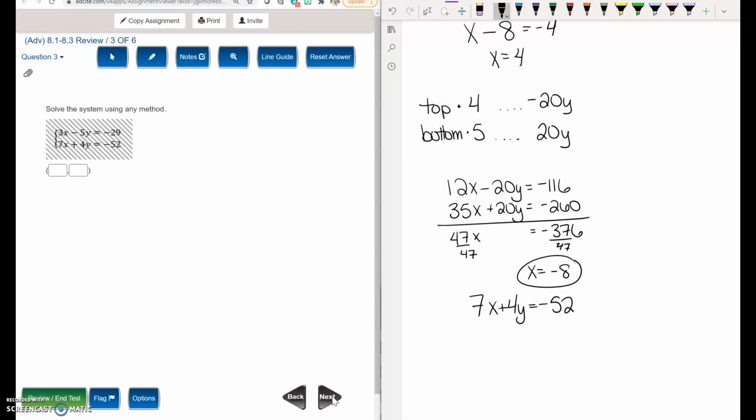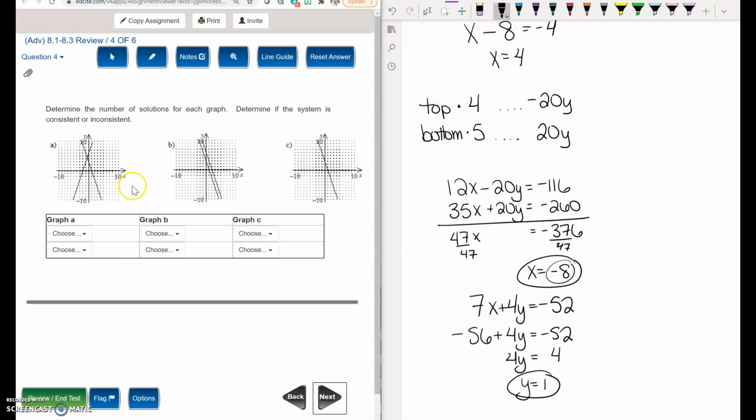So 7 times negative 8 is negative 56. Add 56 on both sides to get 4y equals 4. Divide by 4 to get y equals 1. So our solution is the ordered pair negative 8, 1. For negative 8, just use the minus button and 8, no spaces, nothing fancy, and 1.